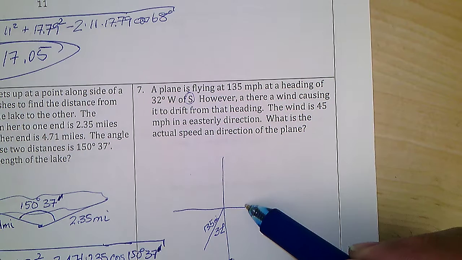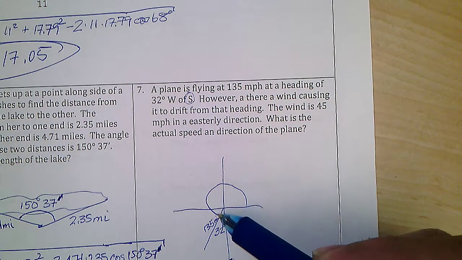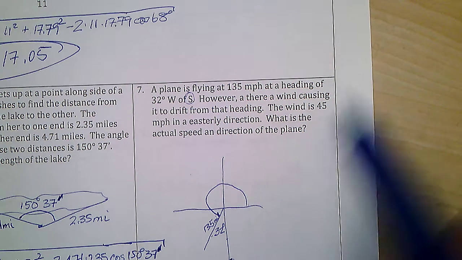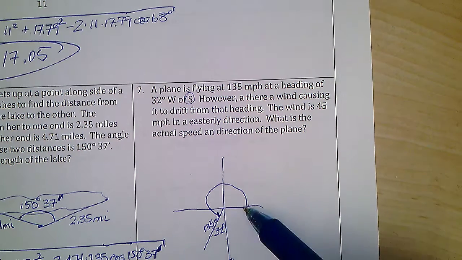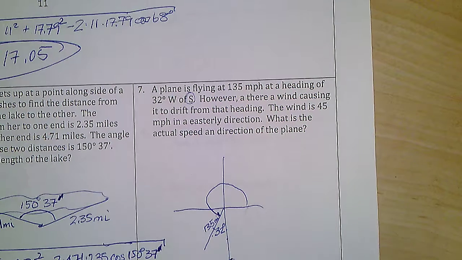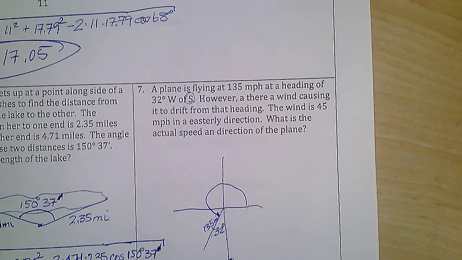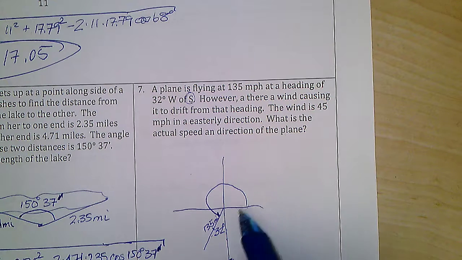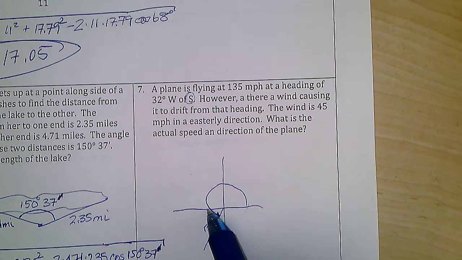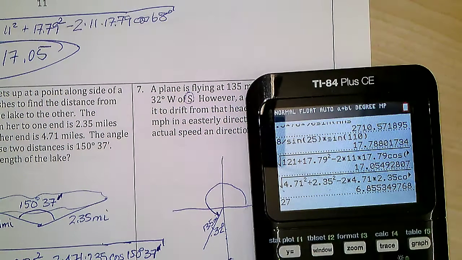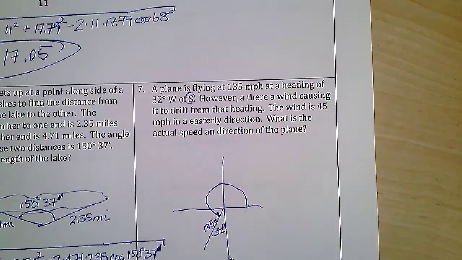I can either figure out this angle, which would be 270 minus 32, or I can use this angle, which is negative 90 minus 32 more. I'll do this one, so that'd be 135 miles per hour at a heading of 270 minus 32, which is 238.